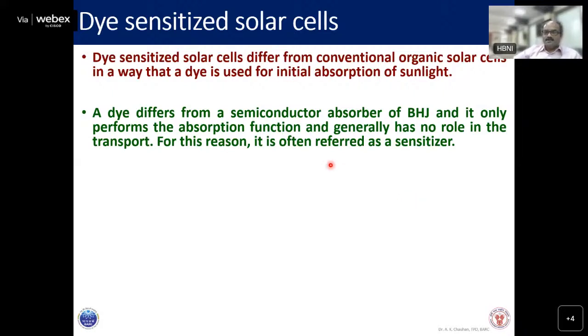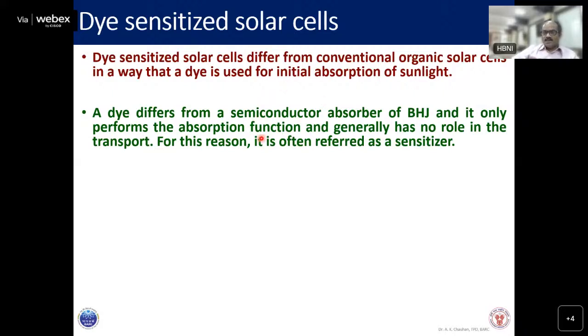A dye differs from a semiconductor absorber for bulk heterojunction, and it only performs the absorption function and generally has no role in the transport. In polymers, the semiconductors were also doing the transport.